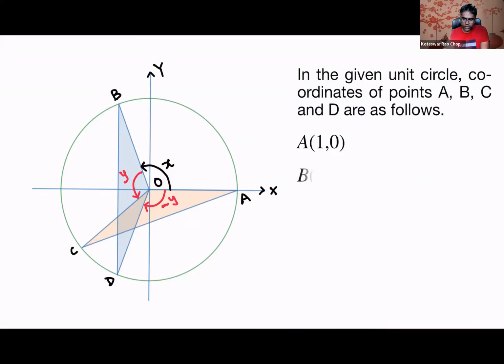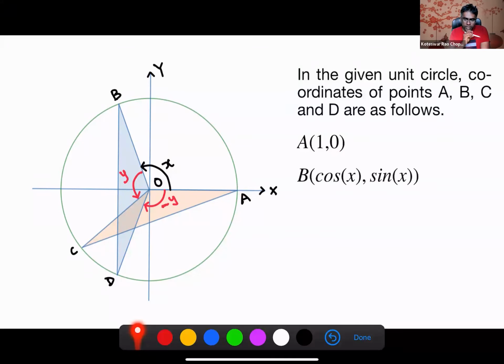If you take a look at B, because the OB line is obtained by turning OA in the counterclockwise direction by x radians, the x coordinate of point B will be cos x and the y coordinate is sin x.